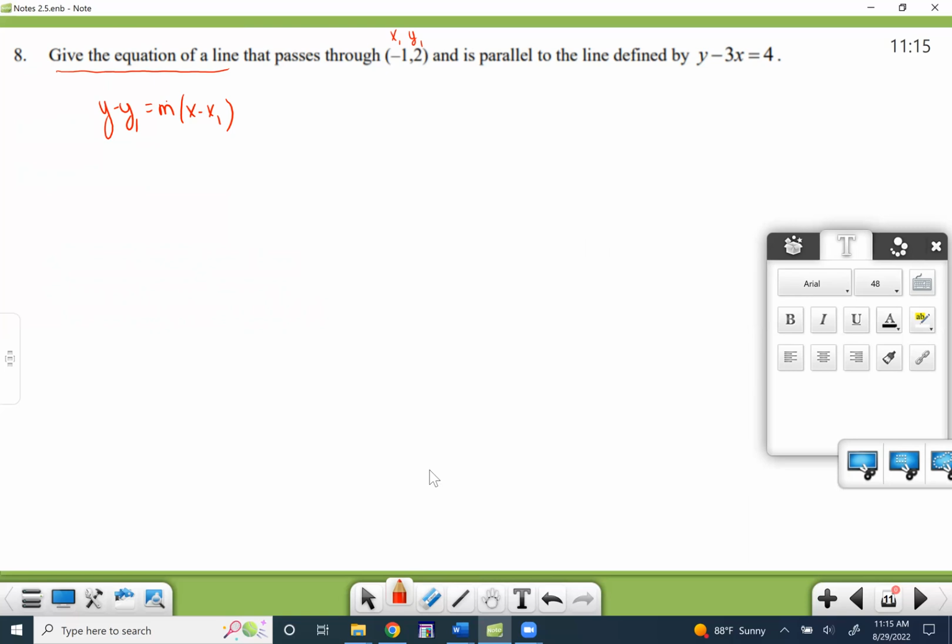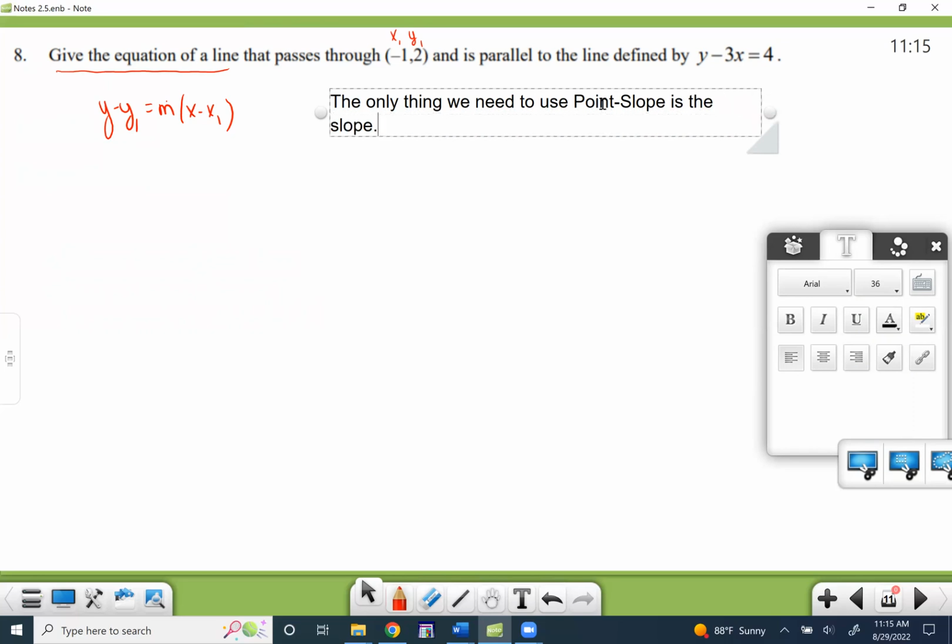Let's think about this. So how can we get the slope?